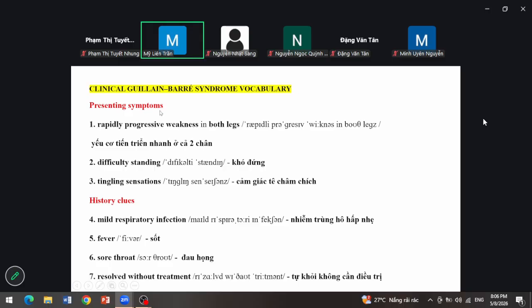Some vocabulary related to the presenting symptoms of this syndrome: a rapidly progressive weakness in both legs, difficulty standing, tingling sensations.